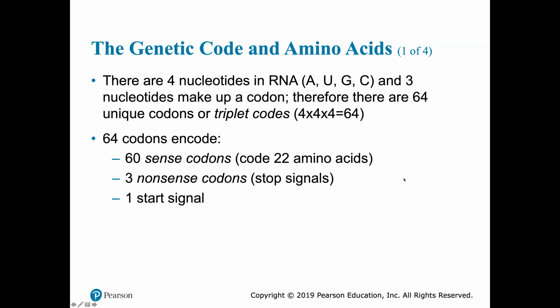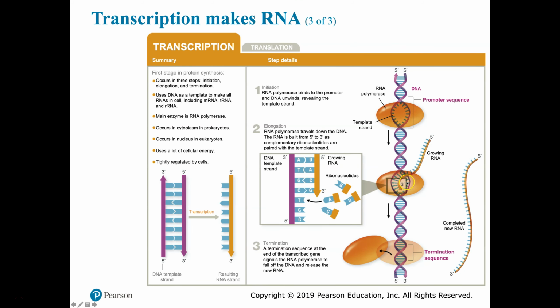So at this point, it will transcribe this region, making an mRNA copy, a shorthand version of the gene of interest. Here's your final product: your mRNA strand will then go through a process called translation, where a ribosome will read the mRNA strand and build a polypeptide.